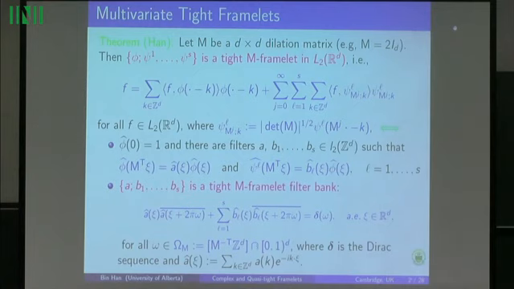If you are more familiar with the time domain, the refinement equation looks like this: you have a_k, you have phi(Mx minus k), where k is over Z^d. This is the time domain refinement equation, and you can take the Fourier transform, and it just becomes this frequency-based refinement equation.